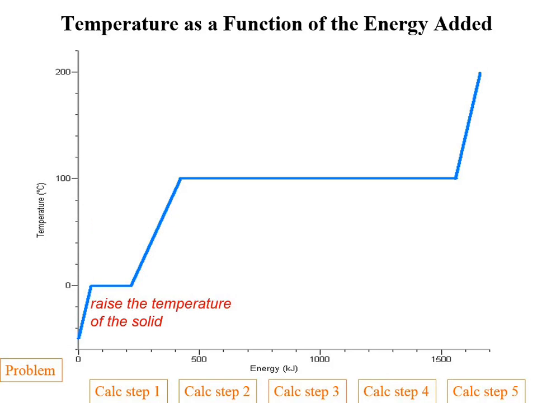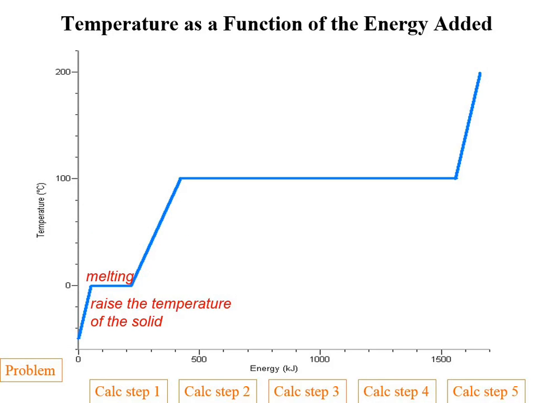That's Q of ice cooling. Then it's going to hold this temperature, but we keep pumping energy into it, and we're going to melt it. It stays at 0 degrees Celsius and melts. We're going to call that Q of melting.